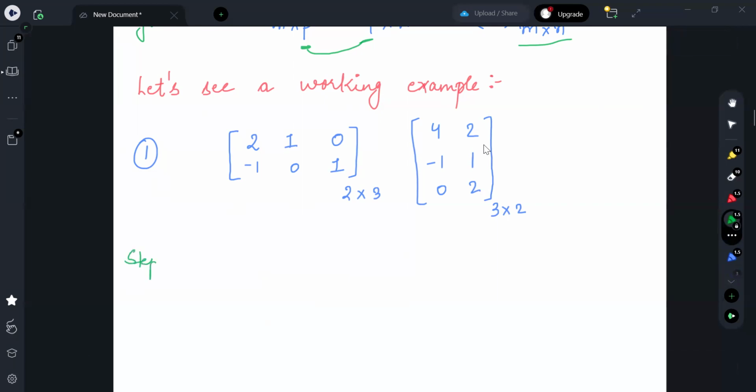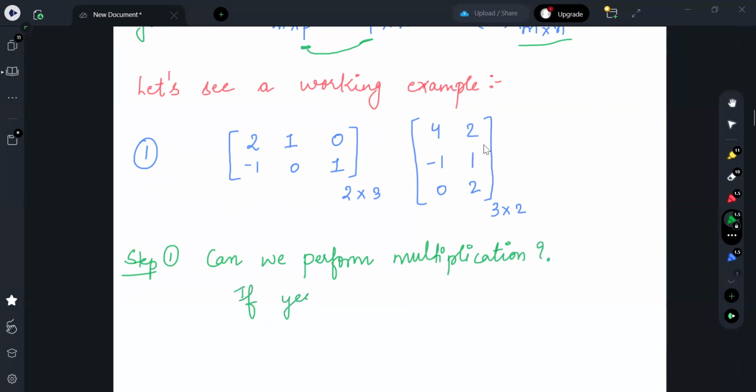Step 1: can we perform multiplication? If yes, what would be the order of the resultant matrix?